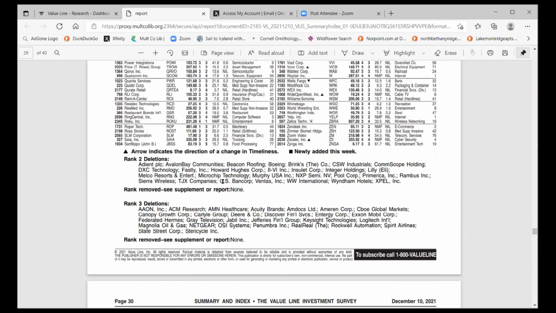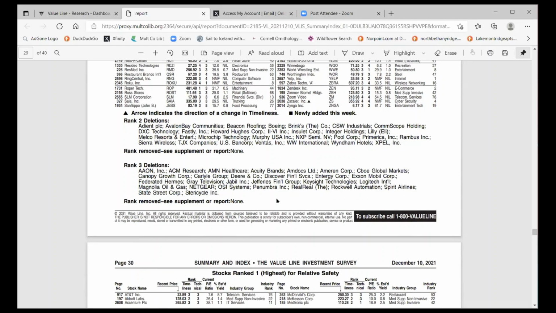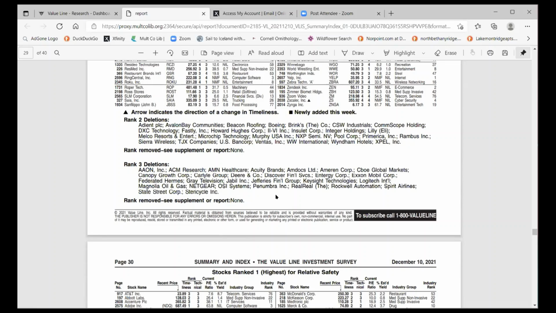At the bottom here, these are all the ones that have dropped to at least 3. You may want to go through here and see if any of your favorites are sinking. I mean, here's Boeing going down, for instance, to 3, etc. Now, the 3 deletions are the ones you really want to lock on, because in the Value Line system, 4 is the kiss of death.